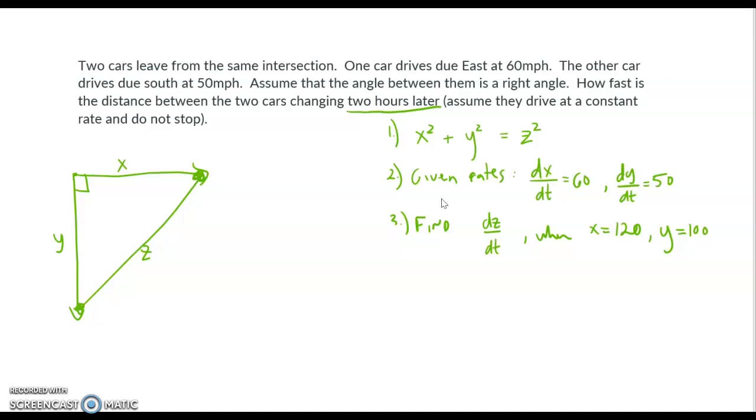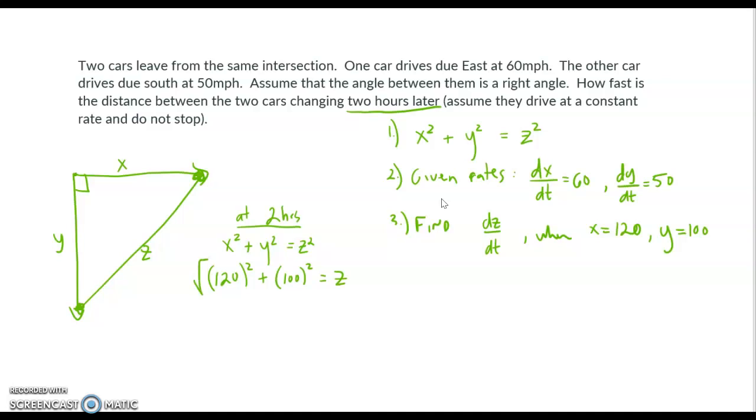But in this moment in time, we have at 2 hours is the moment in time we're interested in. X squared plus y squared equals z squared, and that means 120 squared plus 100 squared equals z squared.